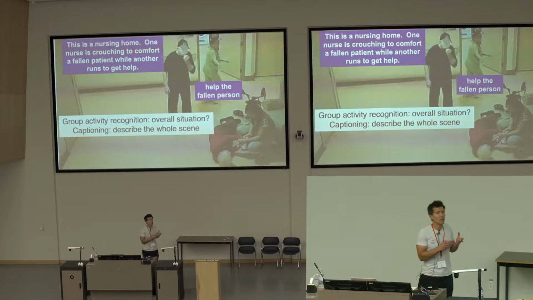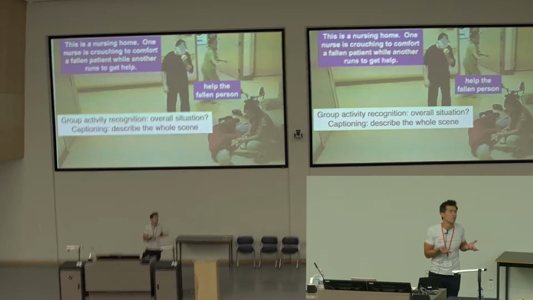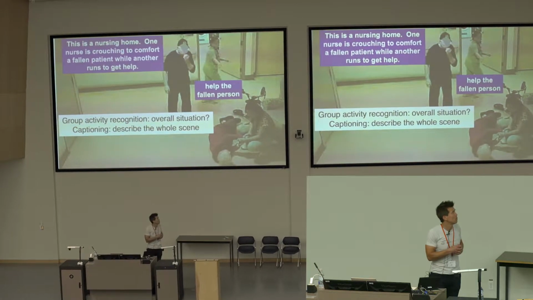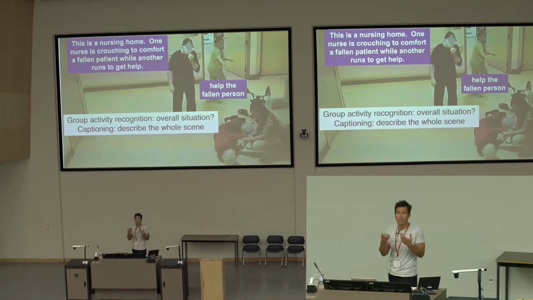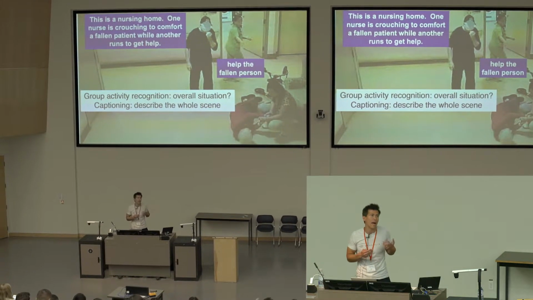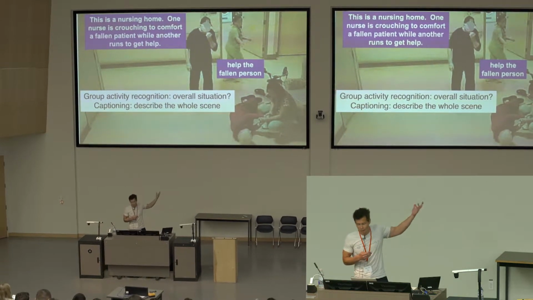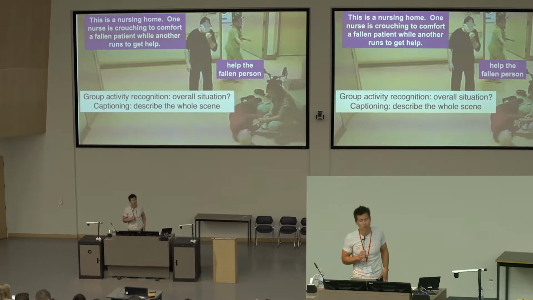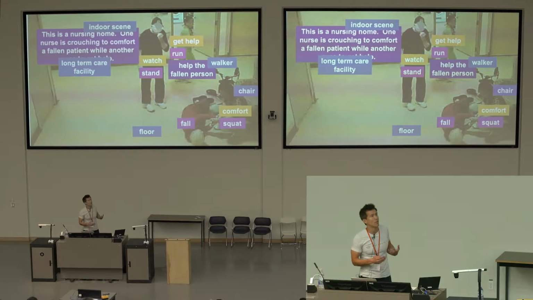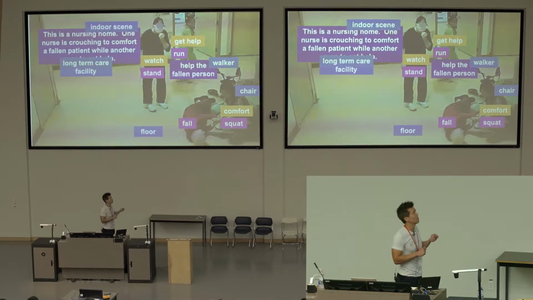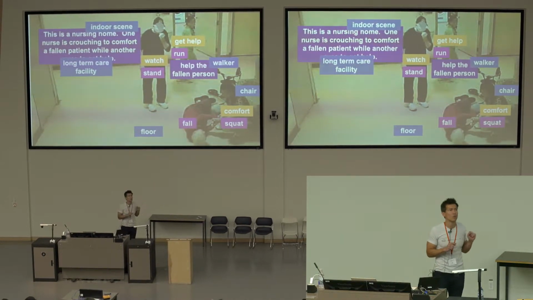We could also characterize the entire group of people. What are they doing? This group of people is trying to help a fallen person. We could do that either in a label or tagging version, or we could imagine trying to caption this entire scene with a set of sentences such as the ones shown up there. So all of these problems together, this is what we mean by activity recognition. It's not just this level of labeling this person running.